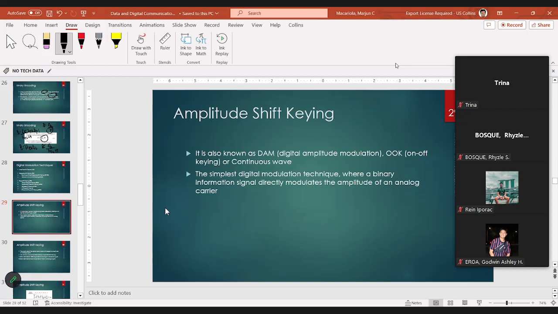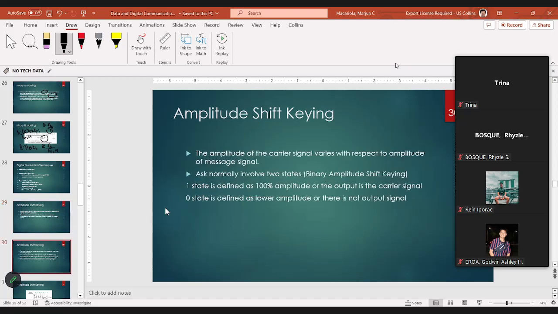Binabago mo yung property of a carrier waveform. In the case of amplitude shift keying, the property being varied is the amplitude. So the amplitude of the carrier signal varies with respect to the amplitude of the message signal.